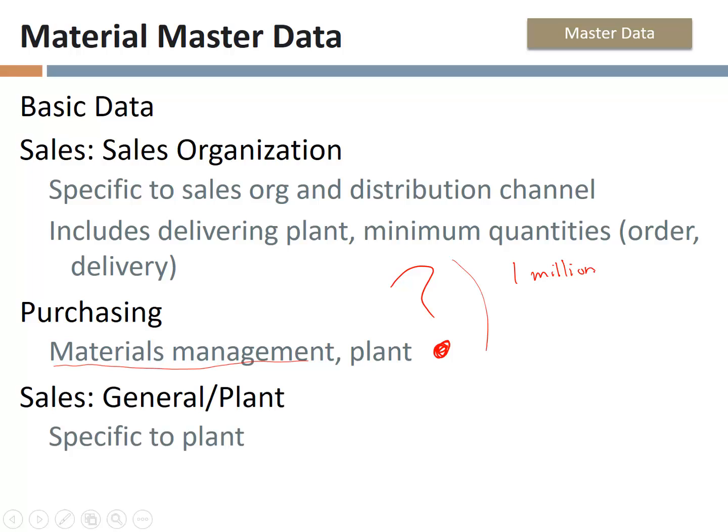And then we have the ability and the need to track our materials in a sales context, in the context of a given plant. This is where we're going to have things like inventory information that's going to be differentiated. And you saw that in one of your recent lab exercises where, when you were done moving materials around, you could look at inventory levels in different plants and storage locations.